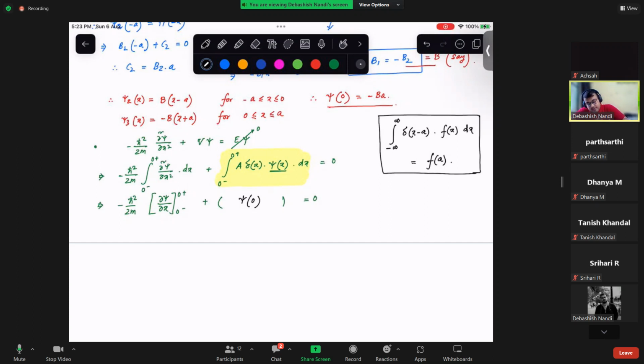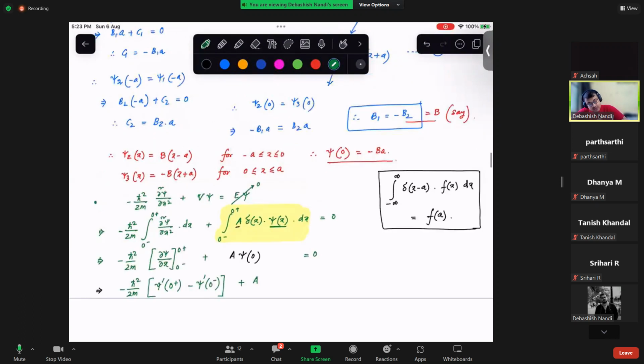Okay, so using the same property, we can write this down, and a multiplication will be there. So now what happens? Minus h bar square by 2m times psi dash of 0 plus minus psi dash of 0 minus, where psi dash is nothing but d psi by dx, plus a of psi of 0.